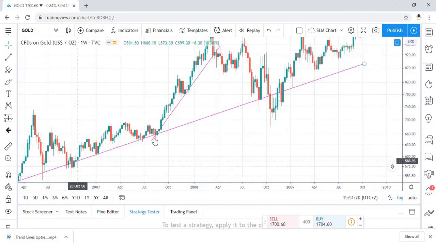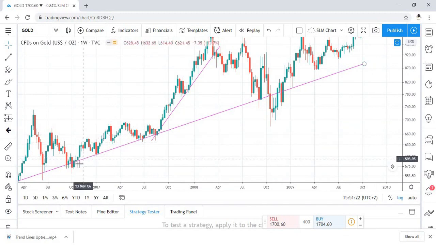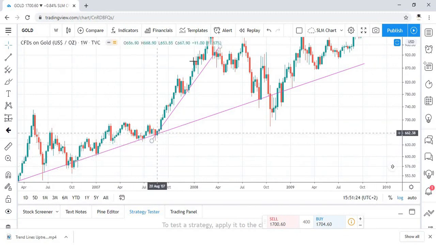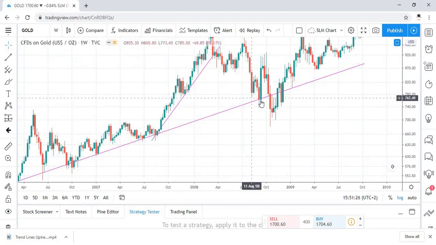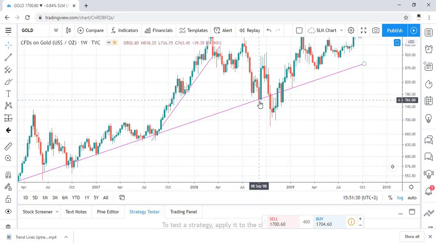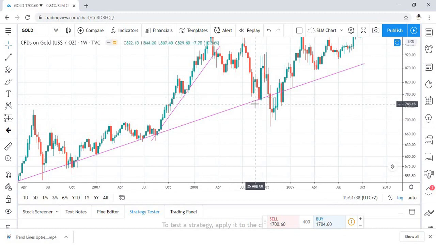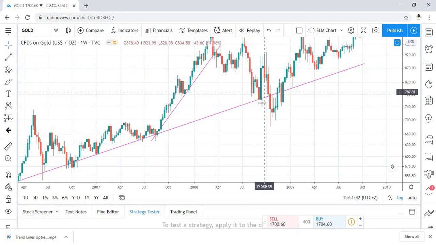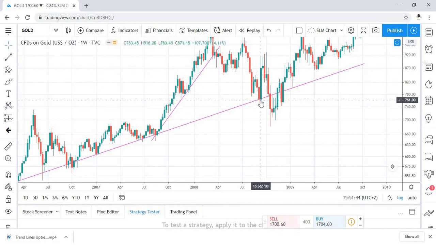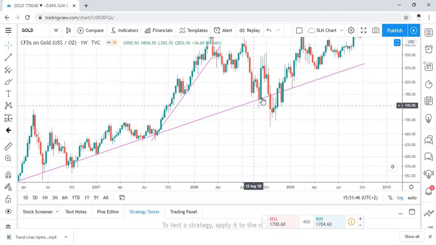So here we can look again to say this trend line, the price was bouncing off it. Now see what happened when the price dropped to this line. When it hit this line, what did we expect? We expected the line to act as a support or to act as a signal to buyers to say, look, the price has reached this line, we expect it to go back upwards.